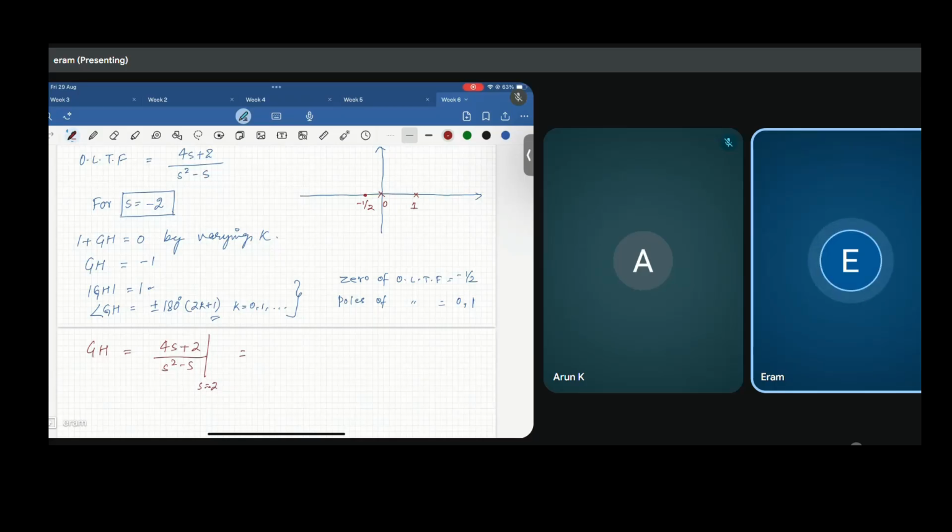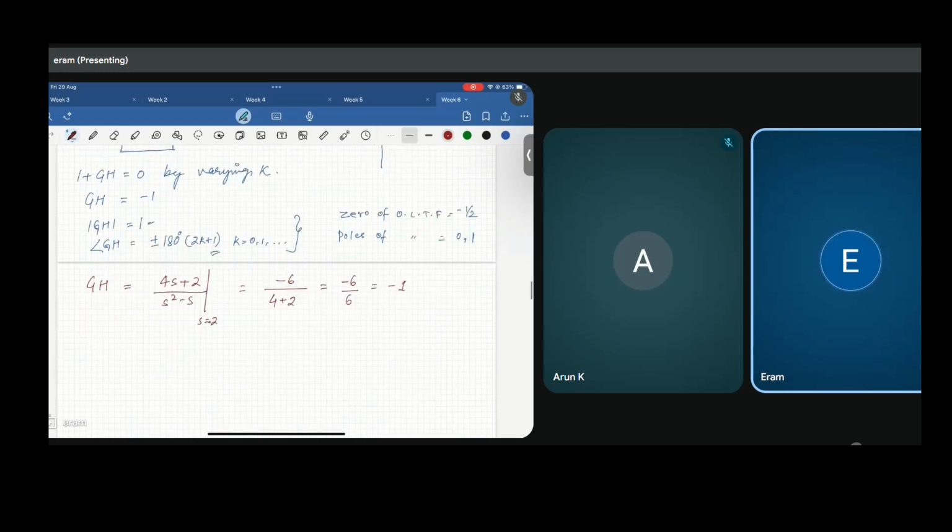So it will be minus 8 plus 2, which is minus 6, and 2 square is 4, and minus minus 2 is plus 2, so it will be minus 6 by 6, which is minus 1. Now if we find its magnitude, it will be 1. So it satisfies the magnitude criteria.